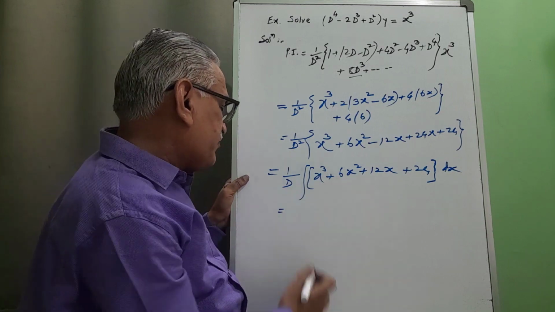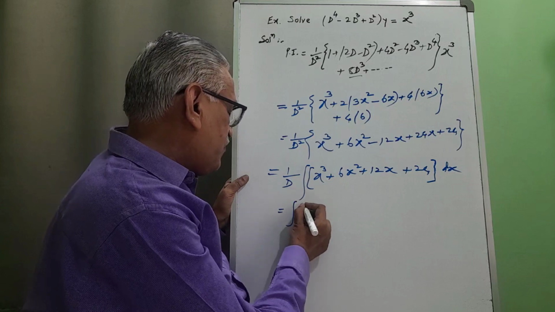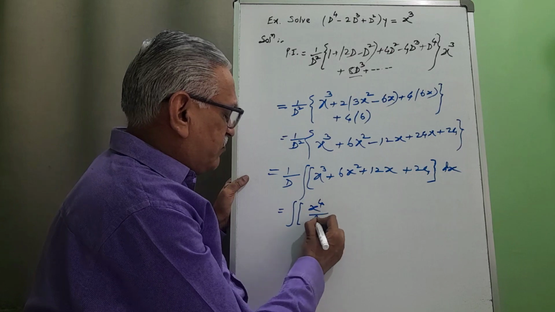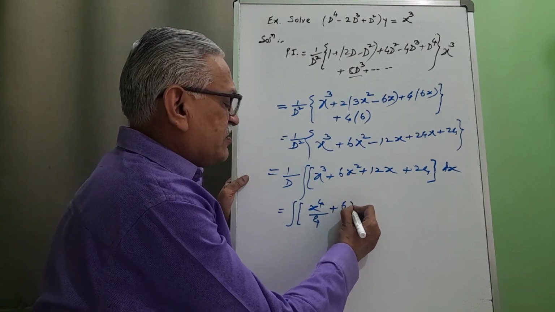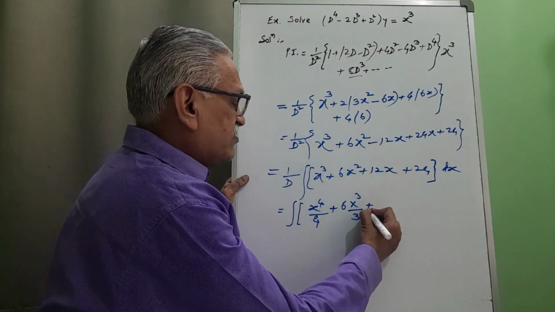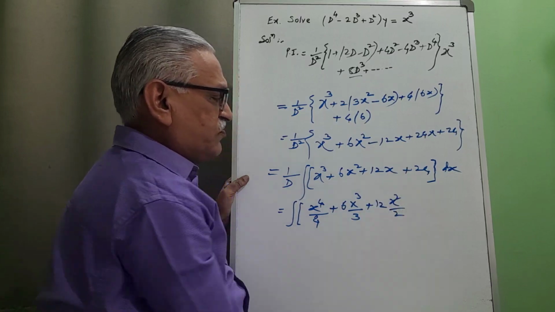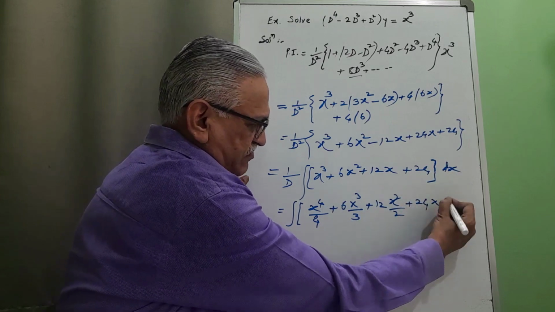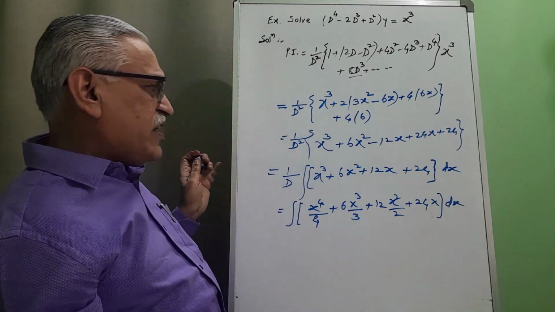Performing this integration, therefore 1 by d, again integration of x cube is x raised to 4 by 4, plus 6x square, its integration is x cube by 3, plus 12, integration of x is x square by 2, integration of 24 is 24x, which we have to again integrate with respect to x.